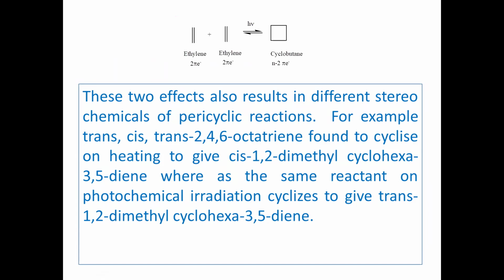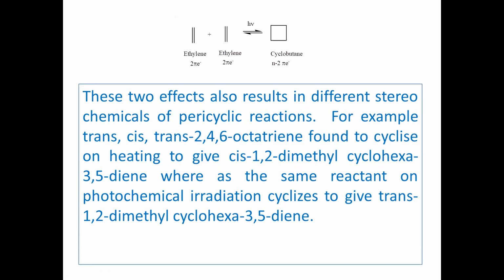Therefore, thermal and photochemical conditions also affect the formation of different stereoisomers of the product. For example, take the electrocyclization of trans-cis-trans 2,4,6-octatriene.